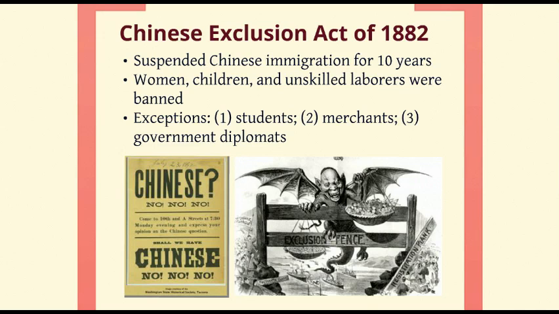Now, during the Exclusion Act, the Chinese, particularly the merchants, were able to find a loophole. And this is something I mentioned in the first reading assignment, Chinatown Revisited. It brought up this idea that early Chinese merchants saw a loophole, and so they were able to bring in their wives and their children despite the Exclusion Act. What would happen is they would put them down on their documents as being employees of their business.